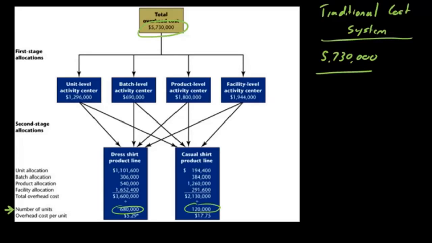We produced 680,000 dress shirts and 120,000 casual shirts, so 800,000 in total. So we divide by 800,000 and get $7.16 per unit. That's how we calculate the overhead, and that's a simple way of allocating overhead. But as we talked about in the last video, it can lead to some problems.